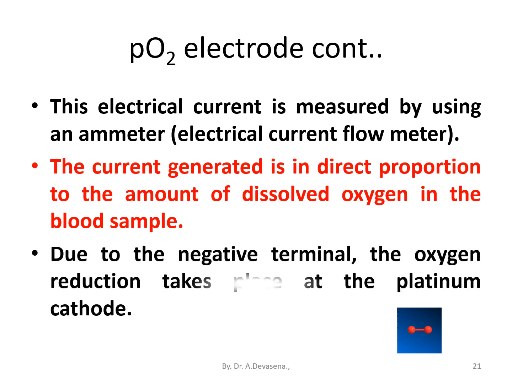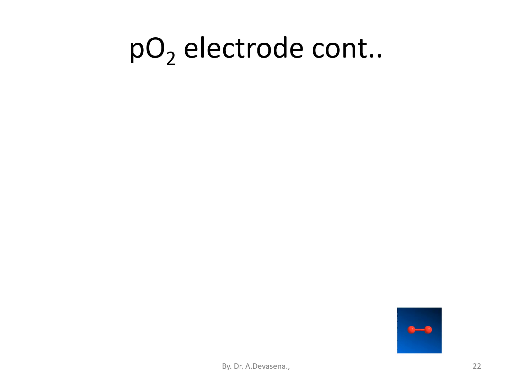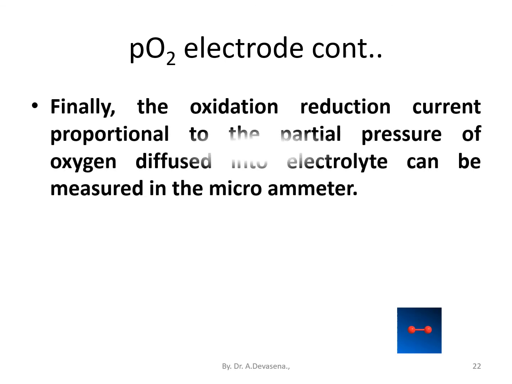Due to the negative terminal, the oxygen reduction takes place at the platinum cathode. Finally, the oxidation reduction current proportional to the partial pressure of oxygen diffused into the electrolyte can be measured in the microammeter.